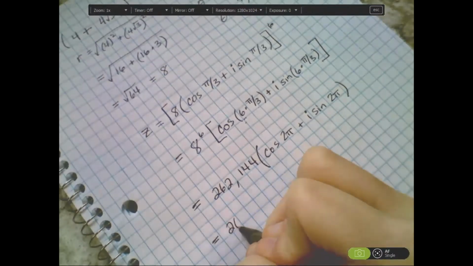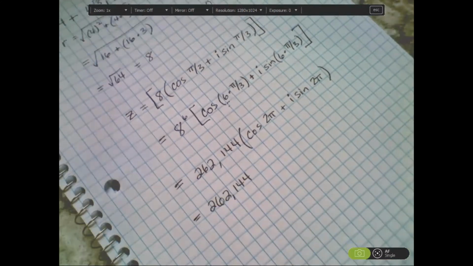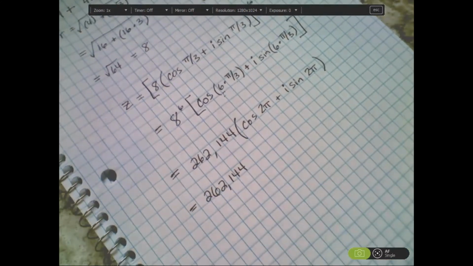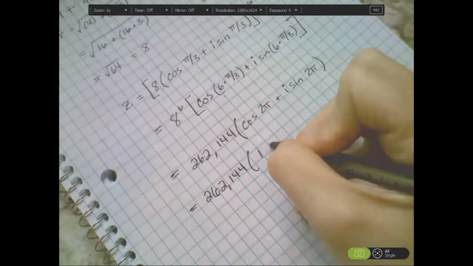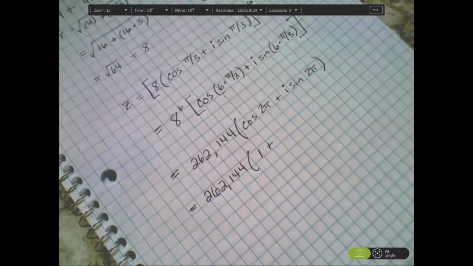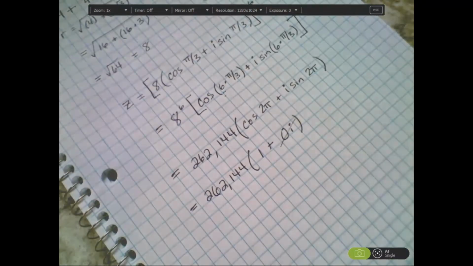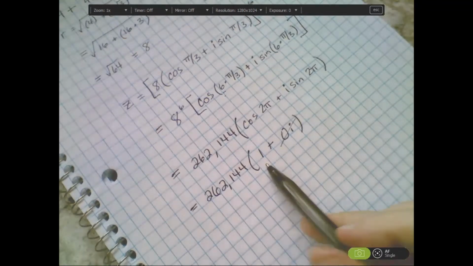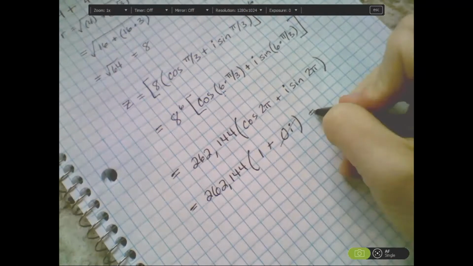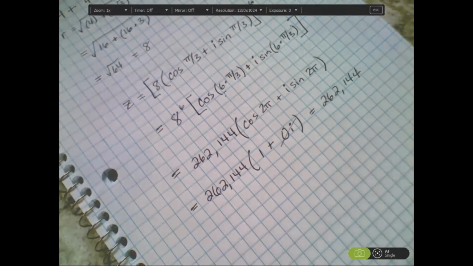So let's think about this. Bring down this crazy thing. Okay, so cosine at 2 pi is just 1. Sine at 2 pi is 0. So this whole part we can just say, oh, that's going to go away. And then this times my 1 is just that.